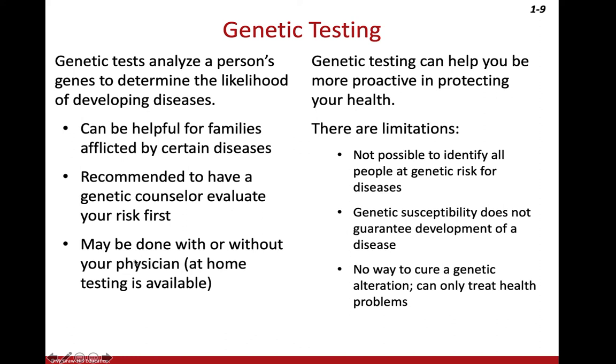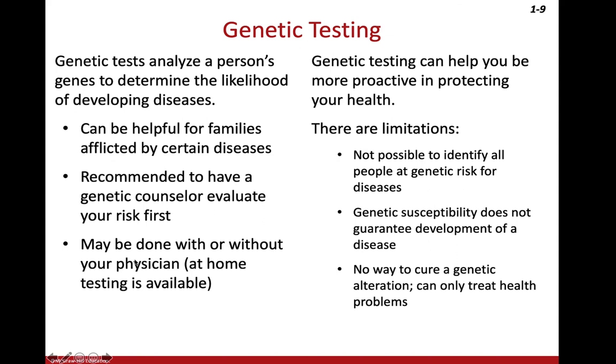These are going to be most helpful when there's a family that is definitely afflicted by certain diseases and there's that trend there. It's recommended to have a genetic counselor evaluate your risk first. And once again, at-home testing is readily available these days.